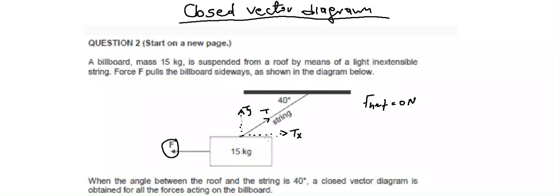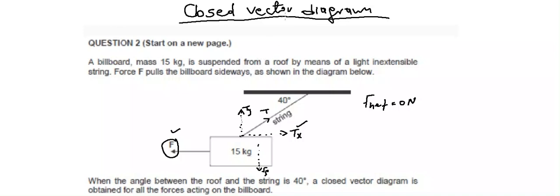If we focus on horizontal forces, the net force is equal to 0. If we focus on vertical forces, the net force is equal to 0. And you will remember that everything in the universe has Fg, so we have a weight for this box.